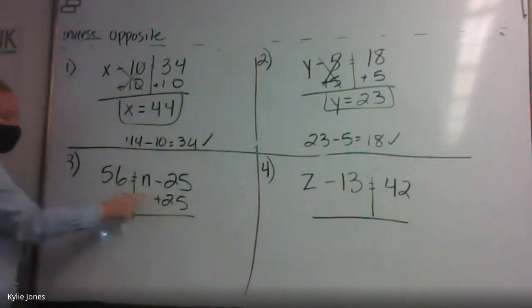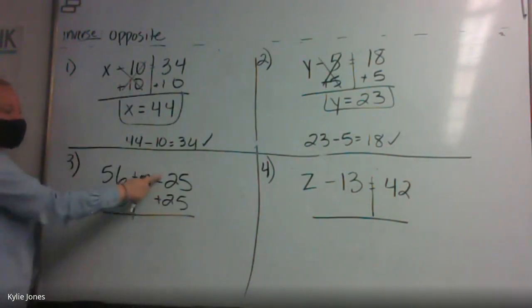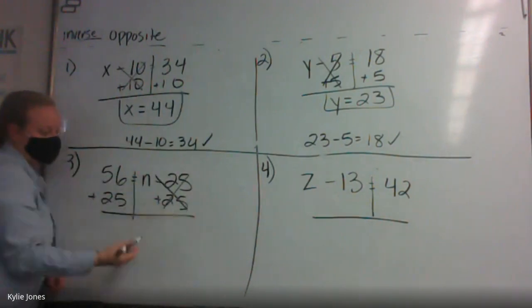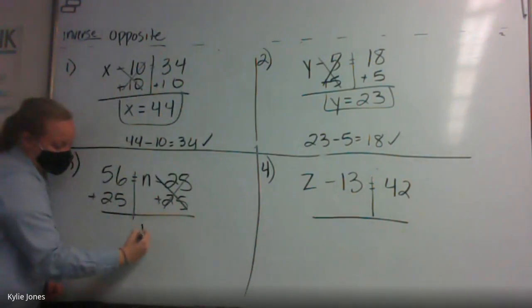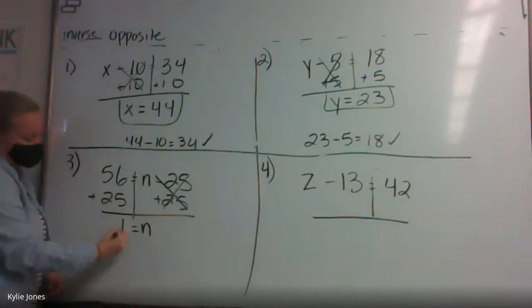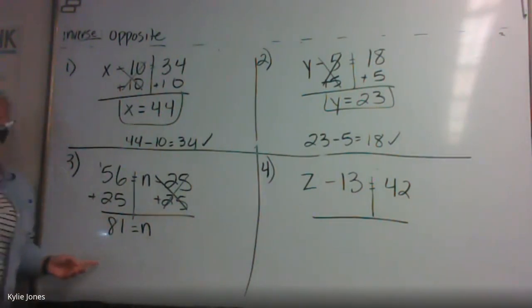If I do it to this side, you must do it to this side. Good. What is negative 25 plus 25? 0. They cancel out. What am I left with? N equals 81. Good. How else could I write this and it would still be correct?